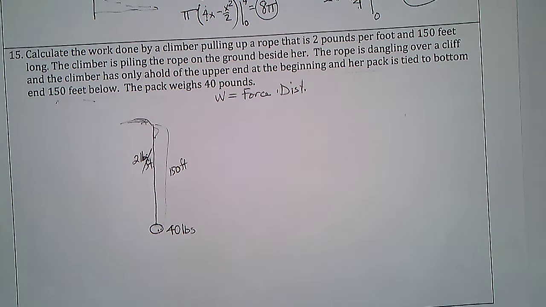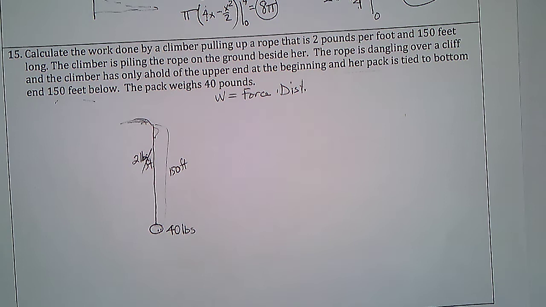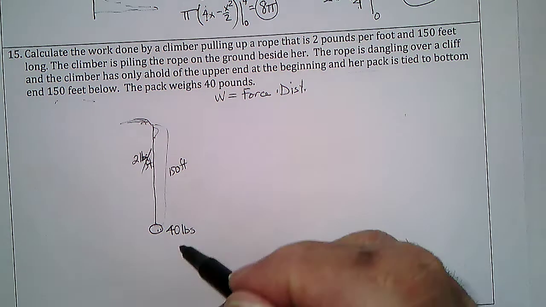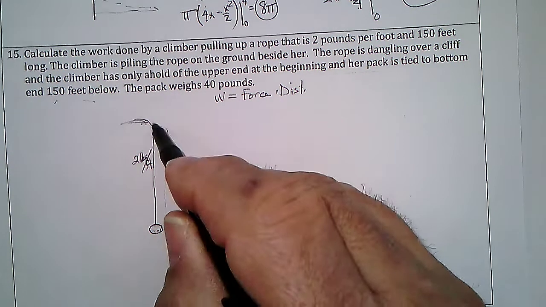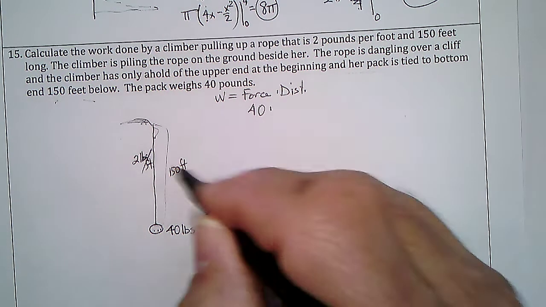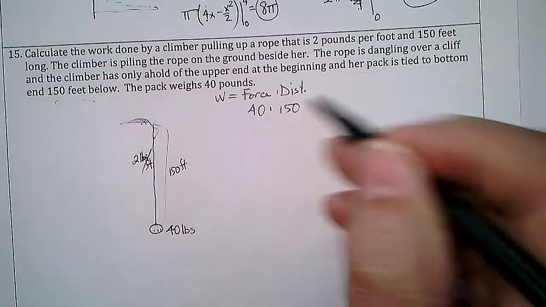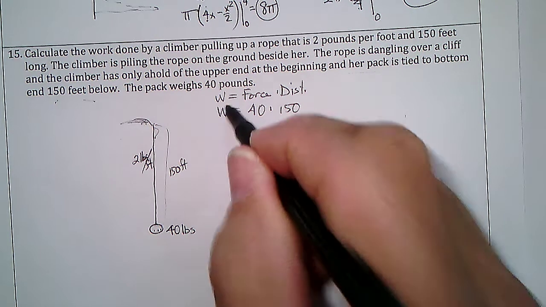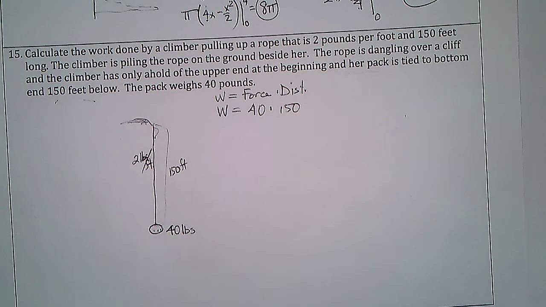And pounds is a force, so we don't have to do any density stuff or anything like that. And so just to lift the backpack up there, it's going to be 40 times 150, and that would be the work for the backpack. The backpack stays the same all the way up.